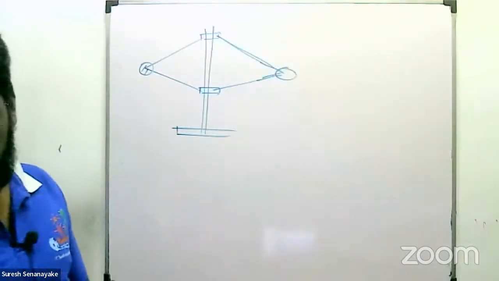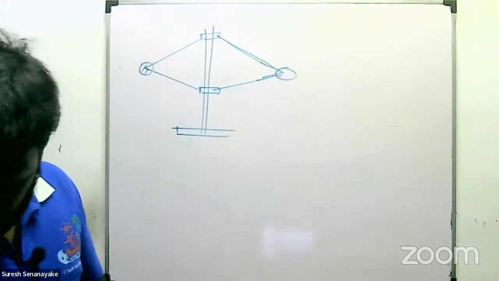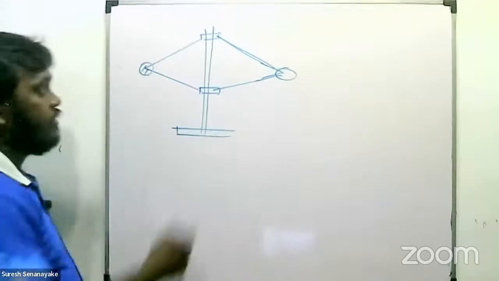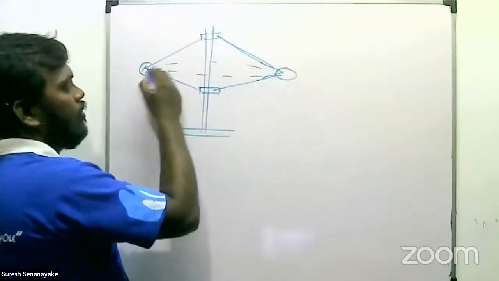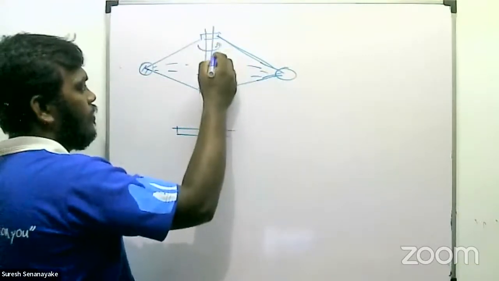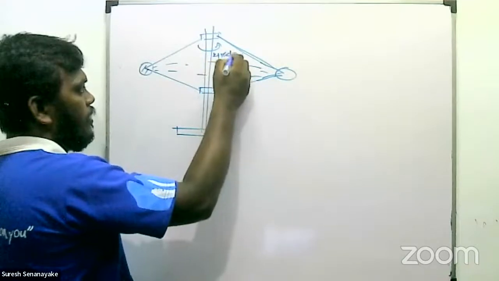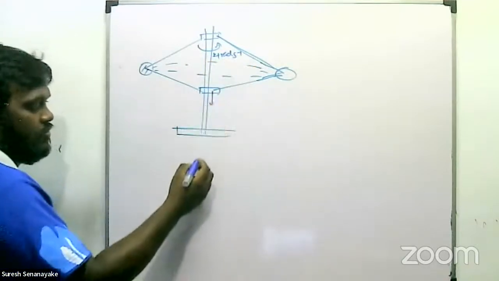The angular velocity is given, that's 4 radians per second. The collar is forced down.